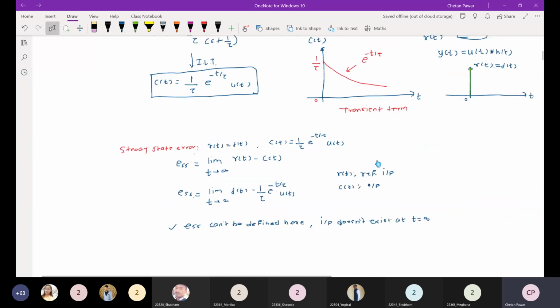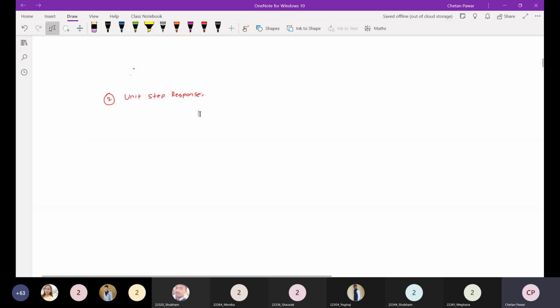Closed loop transfer function of the system is, okay.